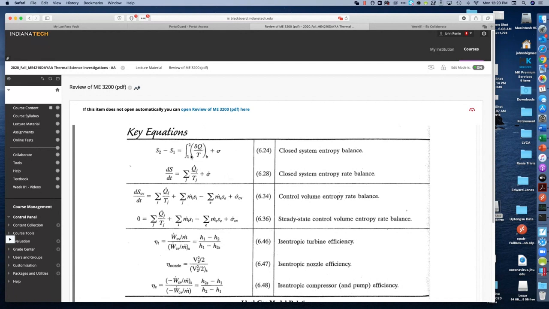Then our change in entropy would just be this term right here. If there is no entropy production, we have what is referred to as a reversible process. If one plotted the process from 1 to 2 on a temperature-entropy diagram, the area under that curve would be equal to the heat transfer.